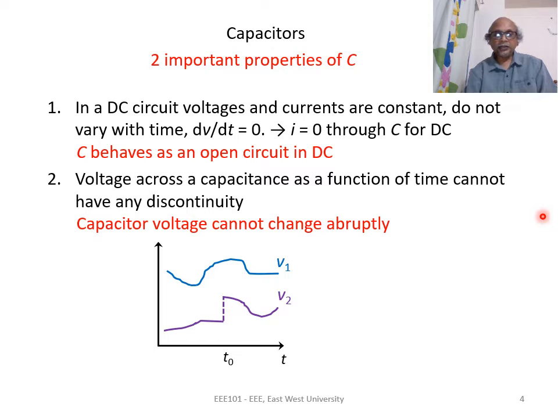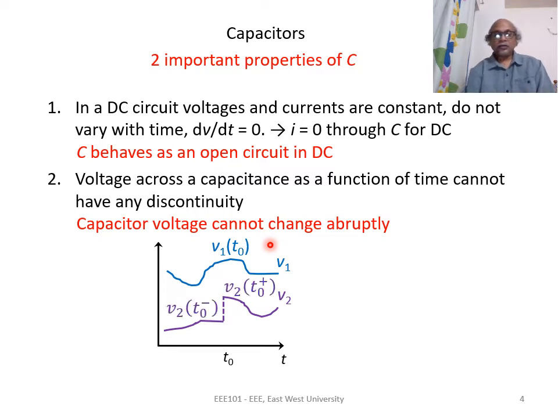If we look at the value of V1 at time t0, we see that if we approach t0 time from the left, or if we approach t0 time from the right, for V1 at t equal to t0, we get the same value.